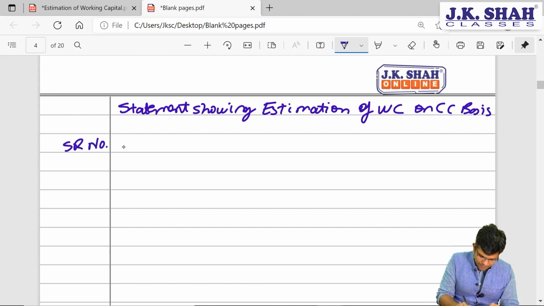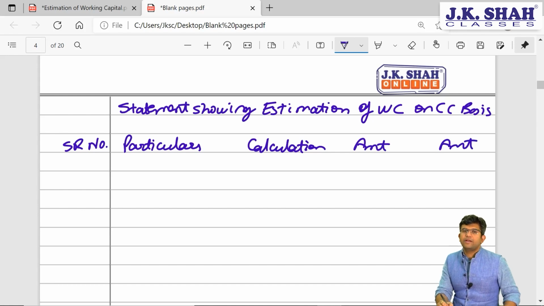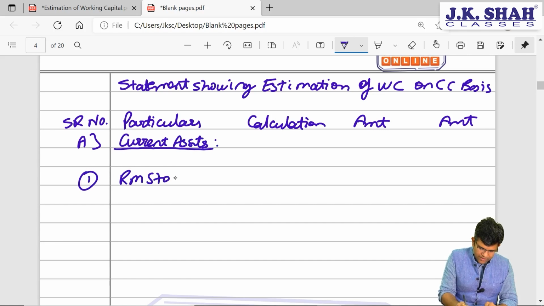Serial number, particulars, calculation, amount. Everyone clear? Serial number, particulars, calculation, amount. Now in serial number, we write current assets. Okay, in serial numbers we write A, current assets. In that, the first current asset, children, is raw material stock.